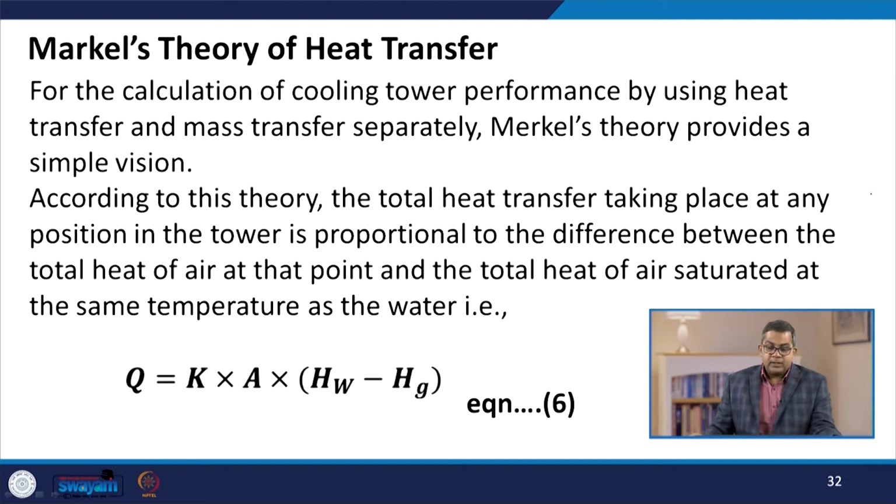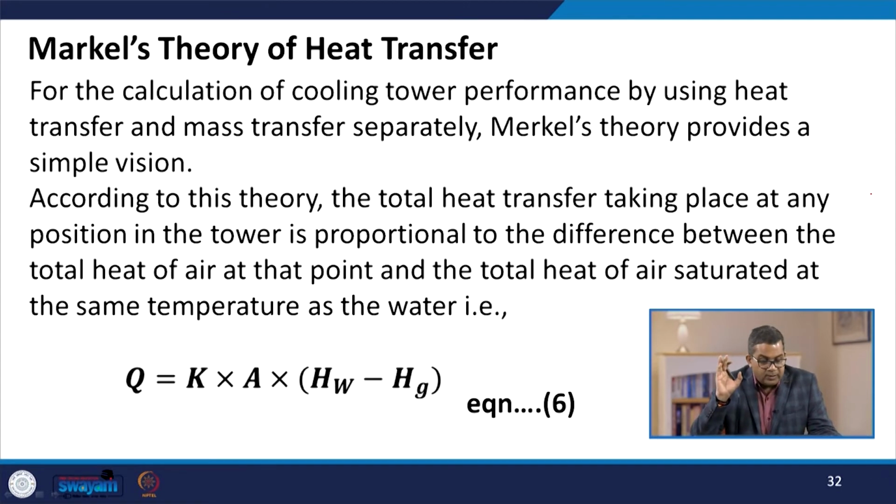Now, let us talk about Merkel's theory of heat transfer. For calculation of cooling tower performance by using heat transfer and mass transfer separately, Merkel's theory provides a simple version.